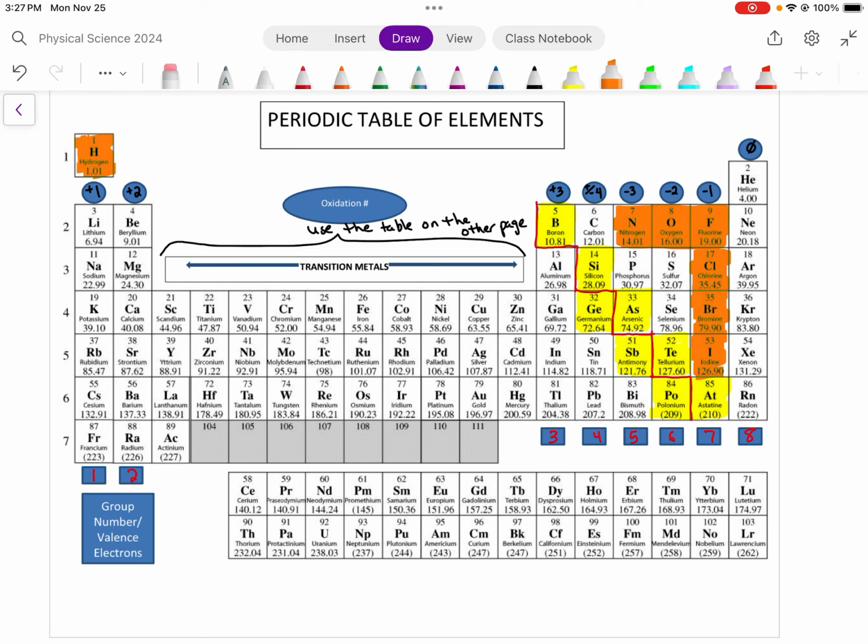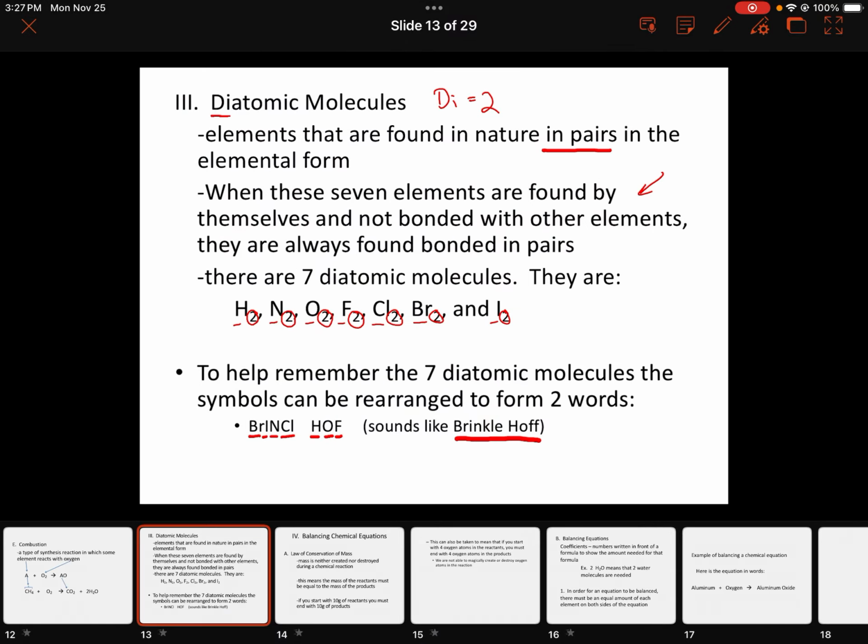Hydrogen's off all by itself. So there are the 7 diatomic molecules. Either it looks like the number 7, you just can't forget the hydrogen off by itself, or it kind of looks like a hockey stick and a puck. However you want to view that, whatever's easiest for you to remember. So the number 7, hockey stick and a puck. My preference is for the Brinkelhoff, and that's what you will hear me talk about.